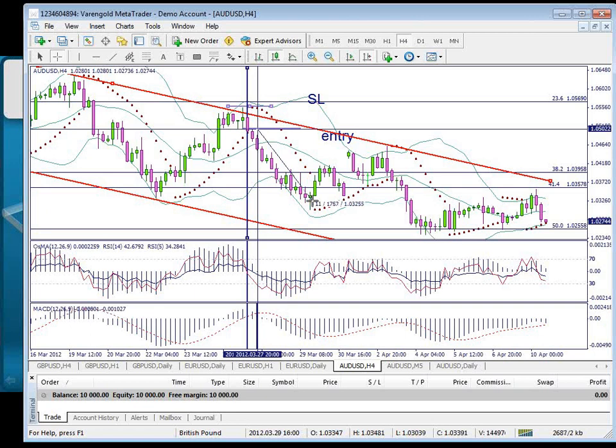For the next target we have 139. So we don't have exactly a 1 to 3 ratio for this trade.